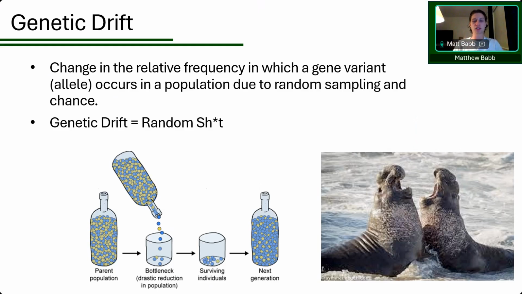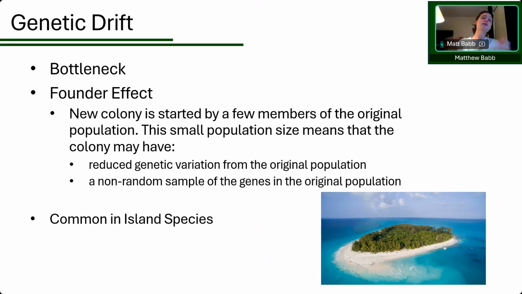Now, the founder effect is similar but slightly different. It's when a small group of individuals colonizes a new area, and that's why it's called the founder effect. Essentially, this population's new gene pool will only reflect the traits of the founders, those that founded the new population.